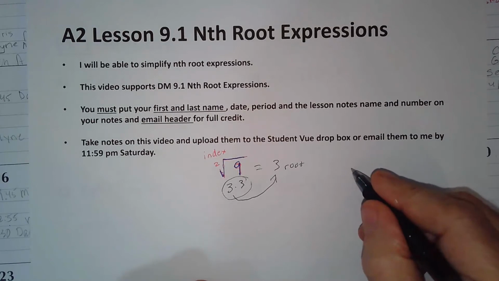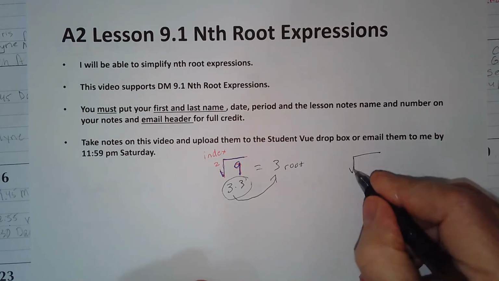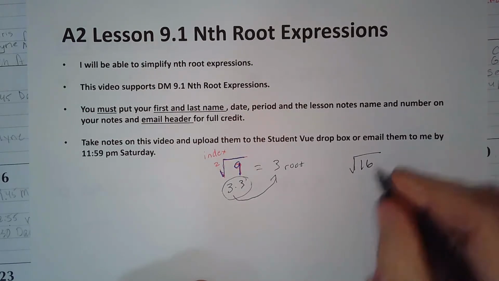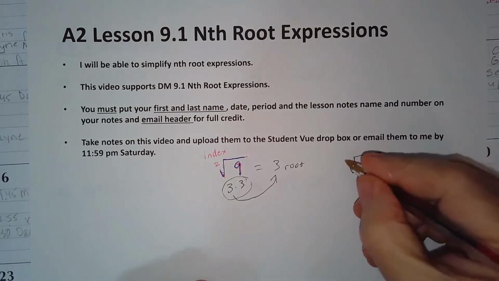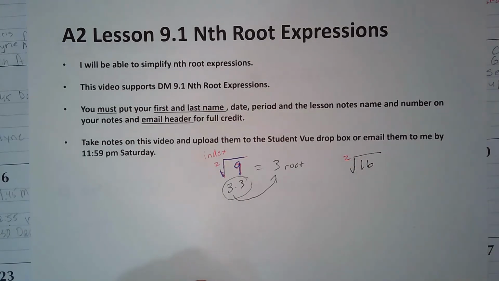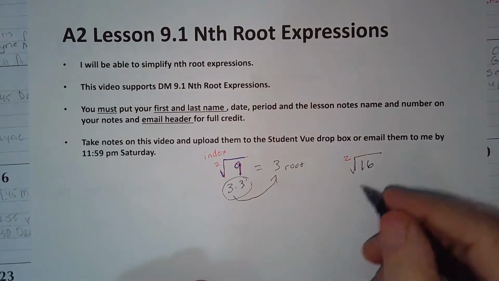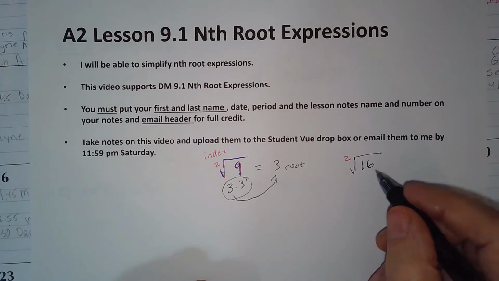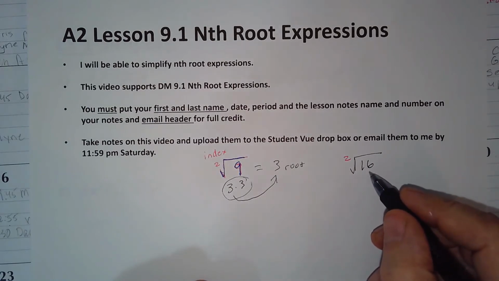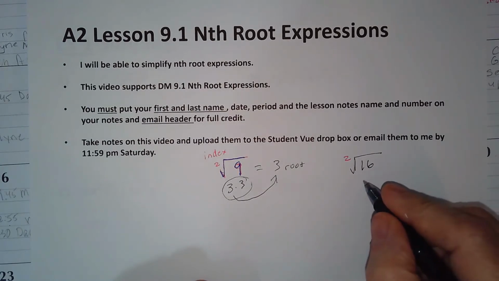And so then we could do the square root of 16. Again, the implication is we've got an index of 2. That means you'll have 2 numbers that we can factor out, hopefully. In the case of 16, 16 is 4 times 4.